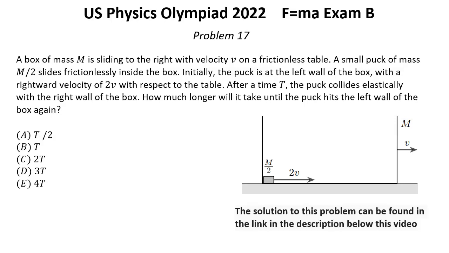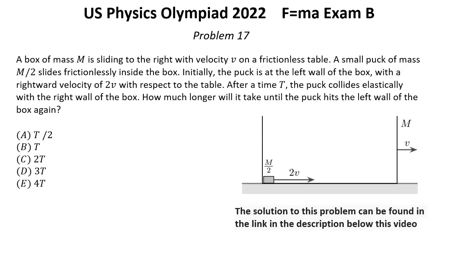Initially, the puck is at the left wall of the box with a rightward velocity of 2v with respect to the table. After time t, the puck collides elastically with the right wall of the box. How much longer will it take until the puck hits the left wall of the box again?